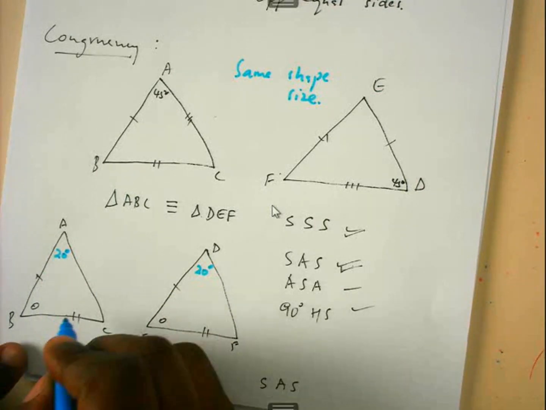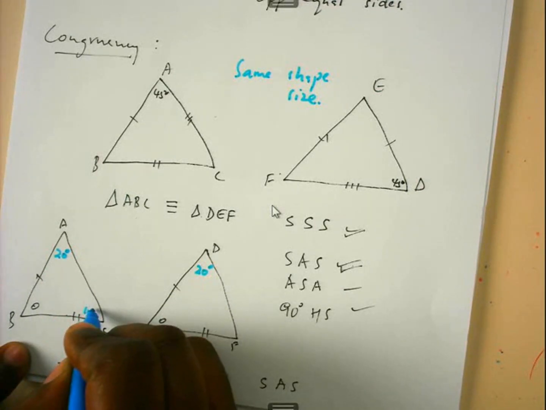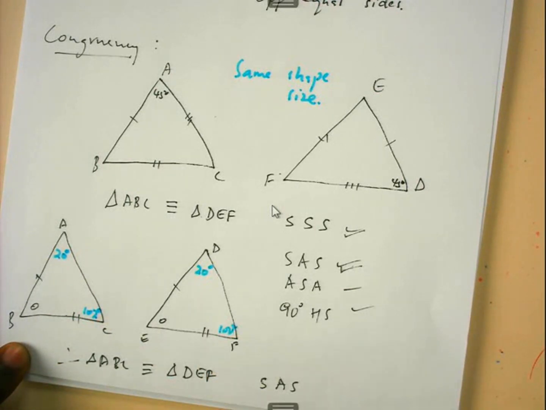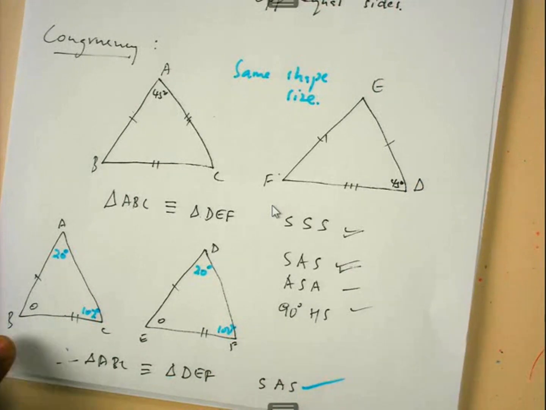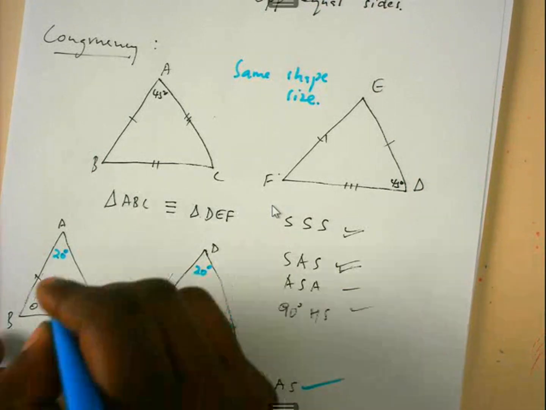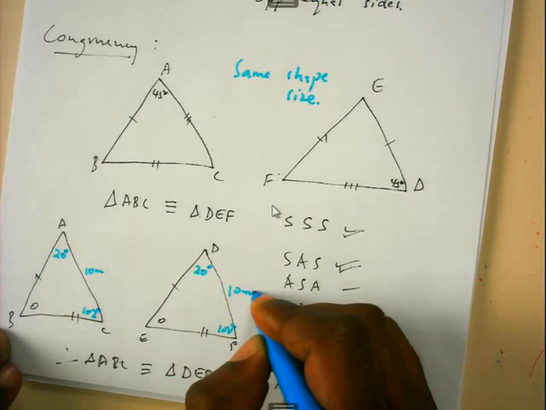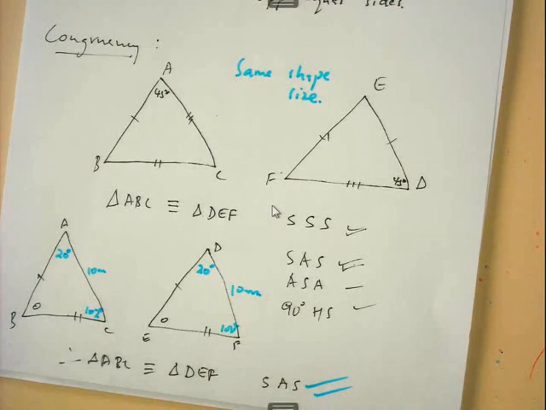If this other angle is 102 degrees, this angle will also be 102 degrees, because we have already proved that they are exactly the same shape, they are exactly the same size. If this side here is 10 meters, this side must also be 10 meters, because we have already proved that the two triangles are congruent to each other.